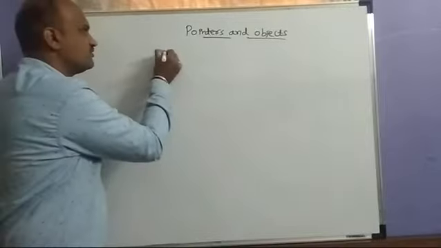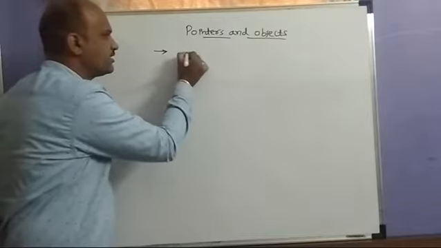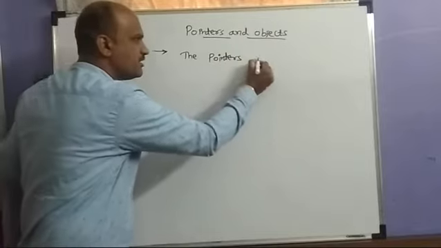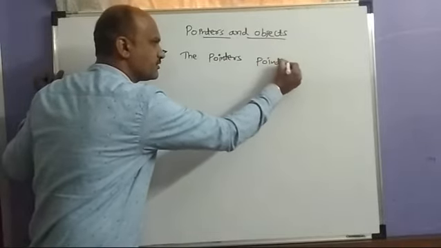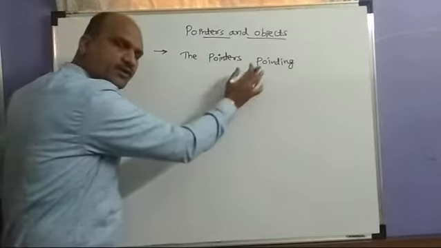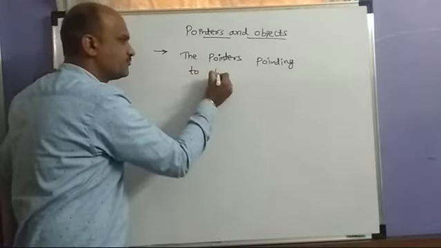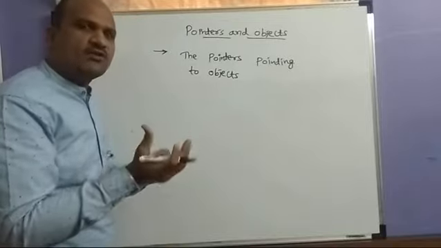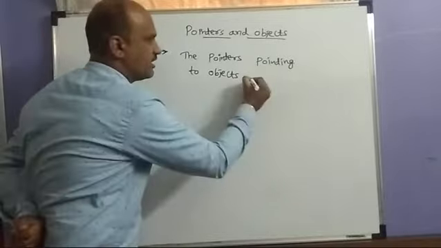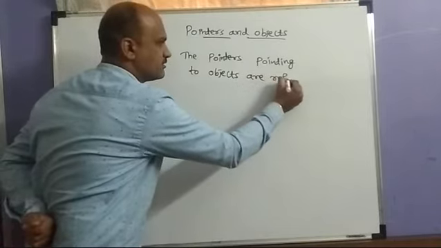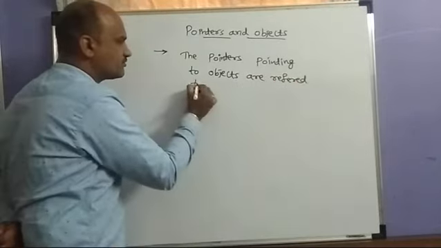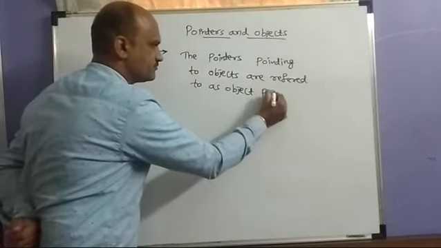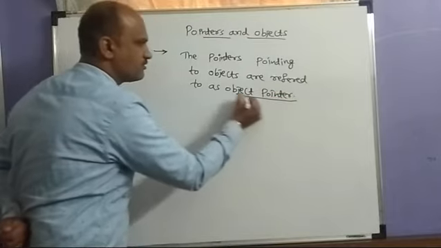So the definition says: pointers pointing to objects are referred to as object pointers. This is the basic definition.